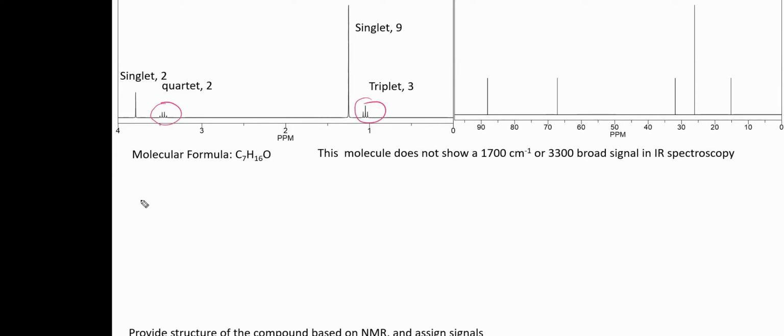When you have a triplet and quartet, you can be fairly certain you have an ethyl group, because if we have a CH2 and a CH3 and nothing else splitting them, then the ethyl group is going to have a triplet-quartet pattern. The 2 CH2 hydrogens are going to make the CH3 into a triplet, and the 3 CH3 hydrogens are going to make the CH2 into a quartet. And since the CH3 is primary, it is going to be between 0.5 and 1.2 or 1.3.